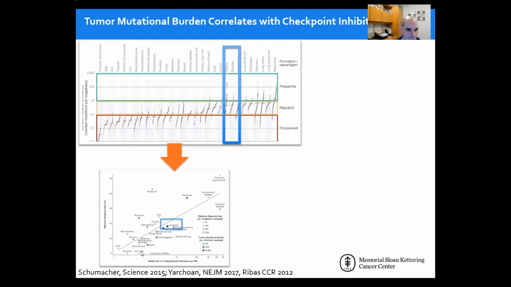If you look at increasing mutational burden on the x-axis here compared to the objective response rate for immune checkpoint inhibitors, as tumor mutational burden increases, the objective response rate amongst multiple cancer types increases as well. And urothelial cancer is right over here, sort of dead center, right along this line.